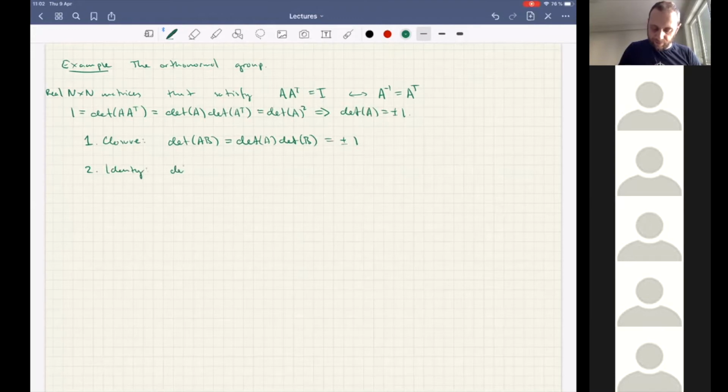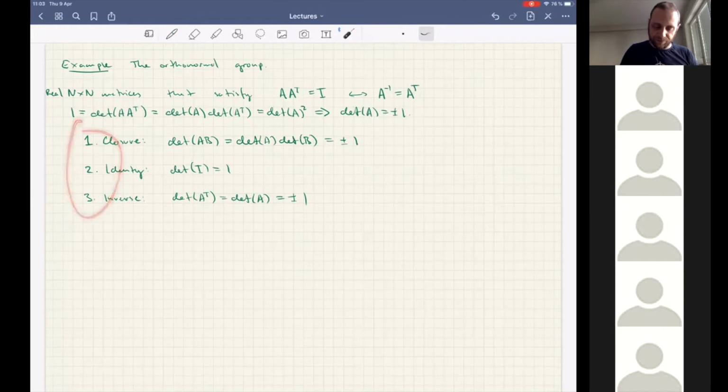Same thing again. The determinant of the identity is 1, so it is either 1 or minus 1. And finally, the inverse. The determinant of A transpose is equal to the determinant of A, which is plus or minus 1. So the inverse is also part of this group. So now we have shown that this orthonormal group is actually a group, because it satisfies all of the group requirements.